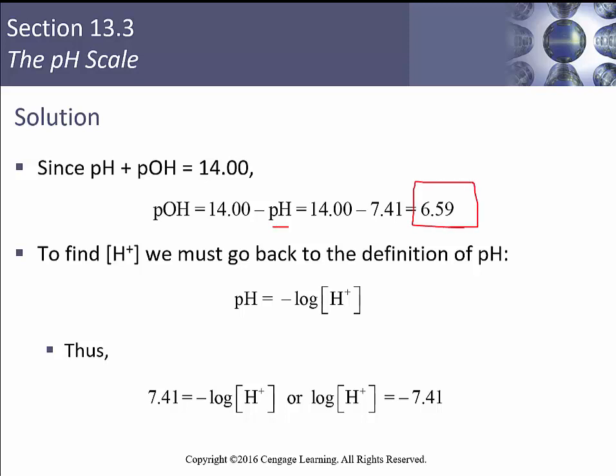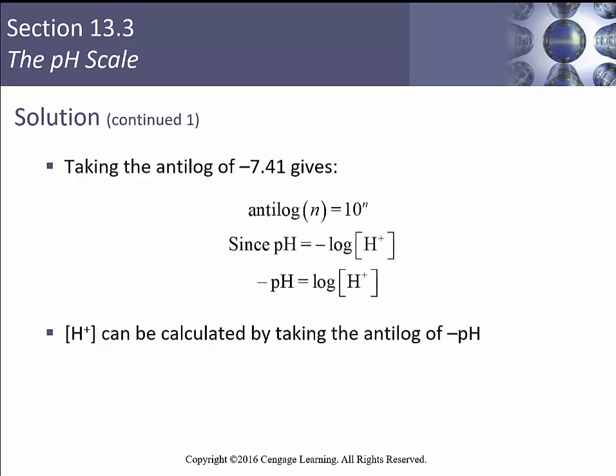To find H plus, we're going to go backwards. Since pH is minus the base 10 log of H plus, we want to go the other way. We know that minus the base 10 log of our H plus ion concentration is 7.41, or the log of H plus is minus 7.41. We're just going to do the antilog, or 10 to that.